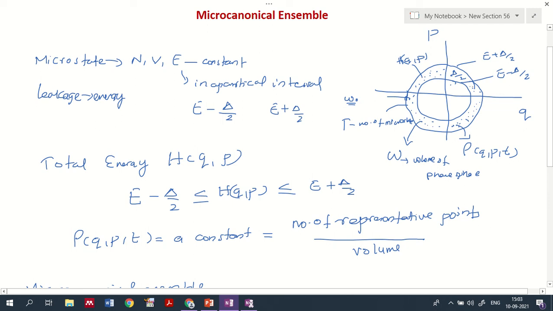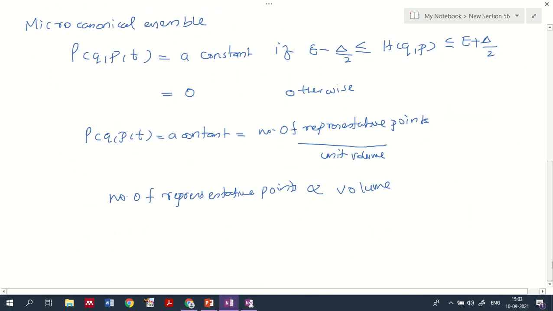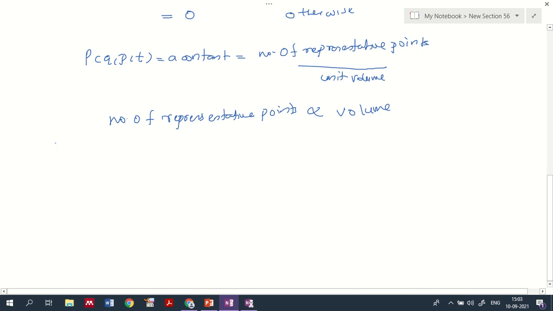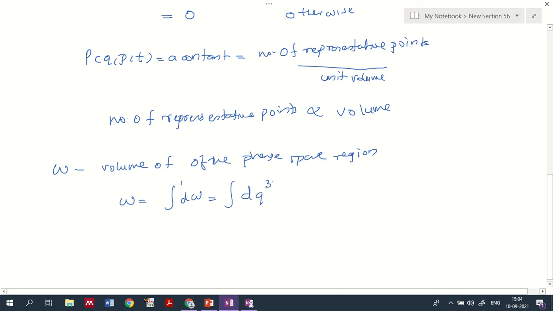We will only be considering this phase space region where we have drawn dots corresponding to different representative points, which you can call microstates. So omega is the volume of the phase space region drawn above, omega equals the integral of d omega dash, which is dq raised to 3N and dp raised to 3N.